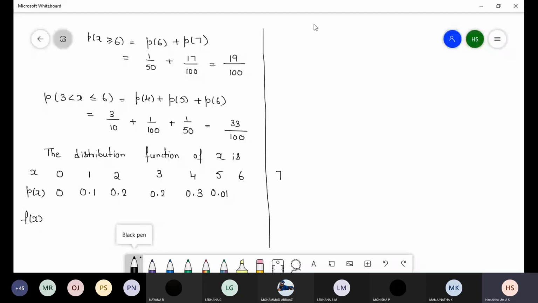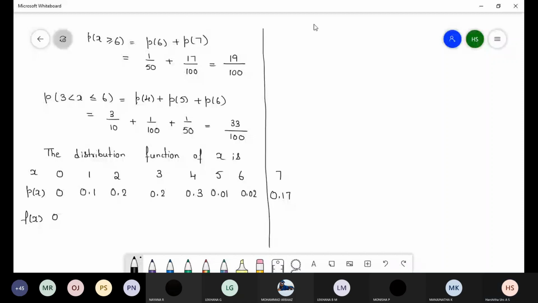Now the distribution function is the same as the cumulative distribution function. Both names are the same. So as we have already solved the cumulative, first we have to write 0, because here also p of x is 0. P of x plus 0 is equal to 0. Next comes 0.1 plus new value 0, so we get 0.1.